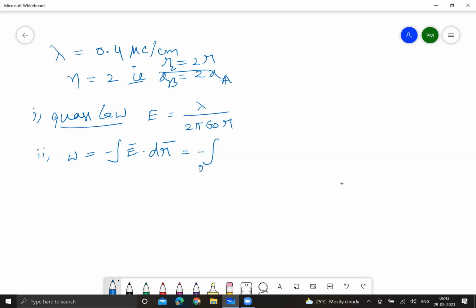So integrating from R1 to R2 lambda by 2 pi epsilon 0 into dr by r, we will be getting lambda by 2 pi epsilon 0 into log of eta.